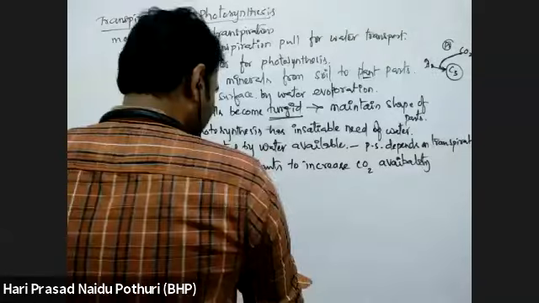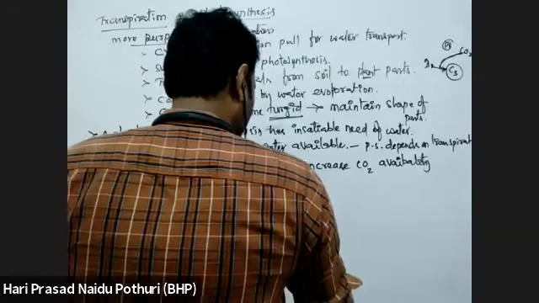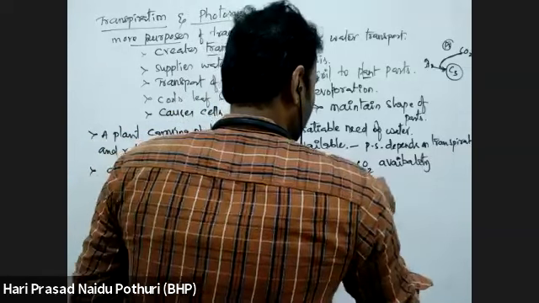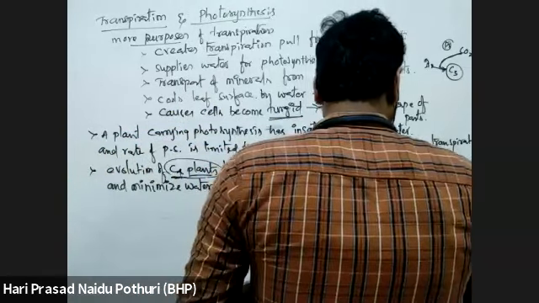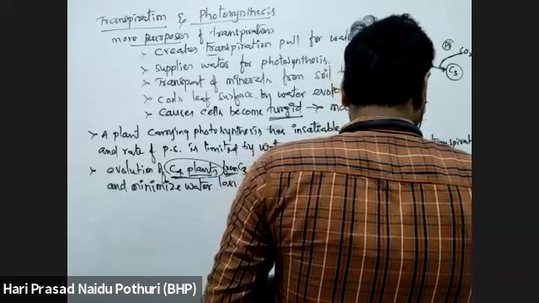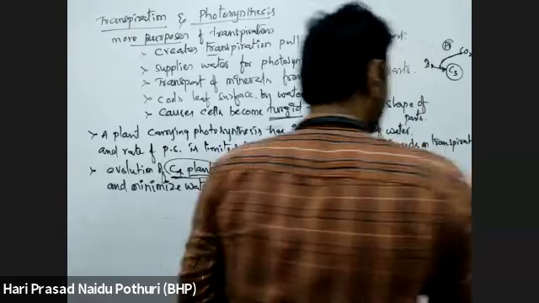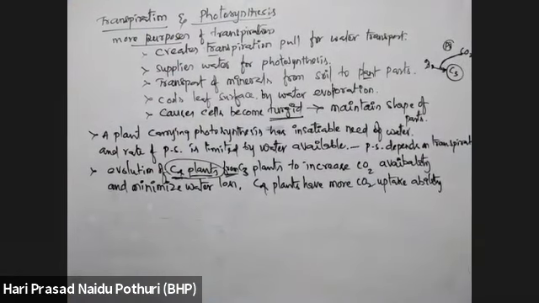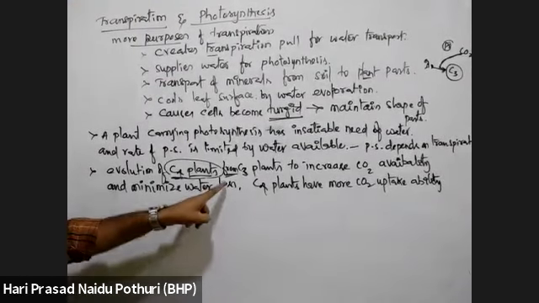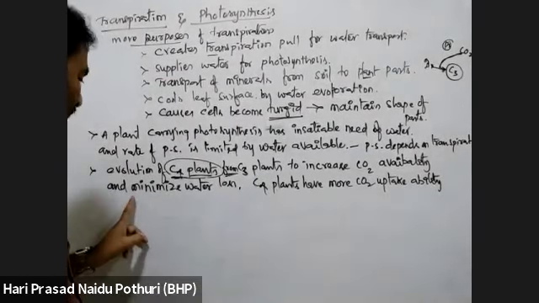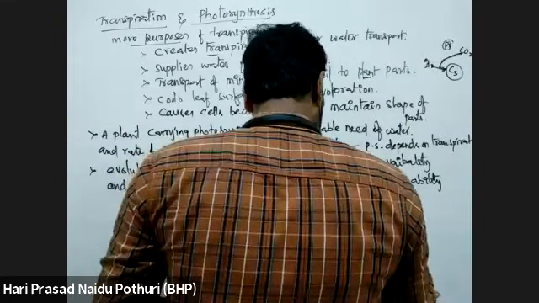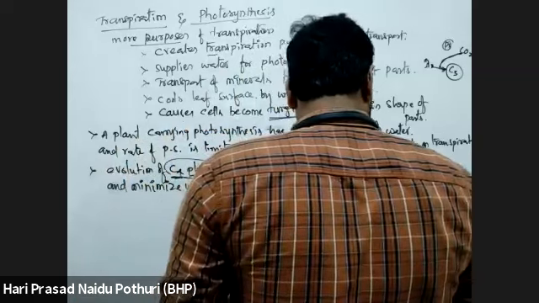C4 plants have more CO2 uptake ability. Here, C4 plants have less water losing ability, so they have less water loss.